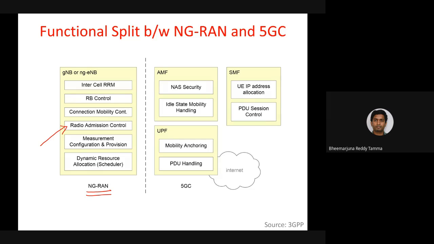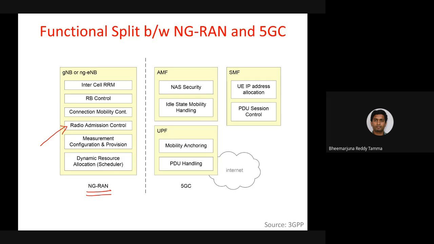That's what admission control is all about. Cellular networks, being designed for offering QoS guarantees for voice and other real-time applications, have this admission control module, which is missing in the internet and Wi-Fi because those networks are best effort networks.